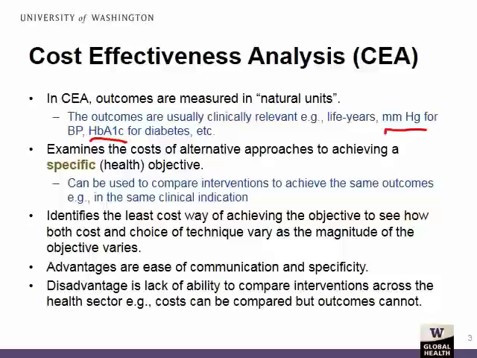Now, life years also, without combining them with quality of life, are considered to be outcomes of cost effectiveness analysis because they are natural units. So the cost per life year saved is a cost effectiveness analysis metric.